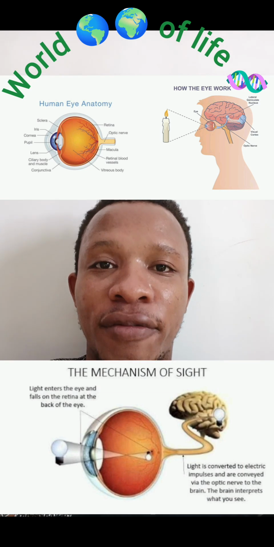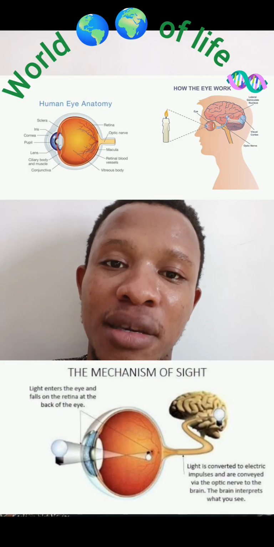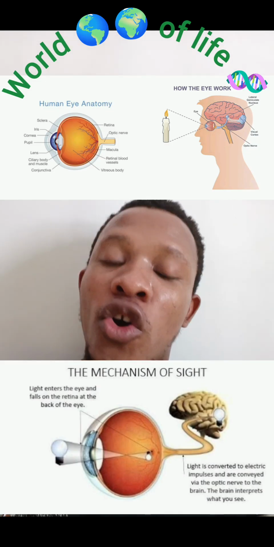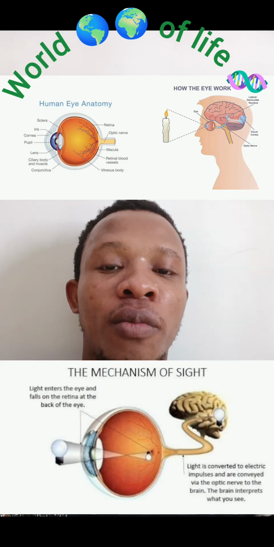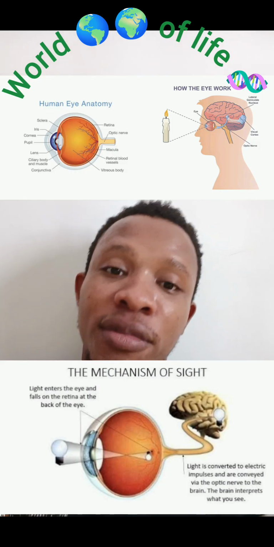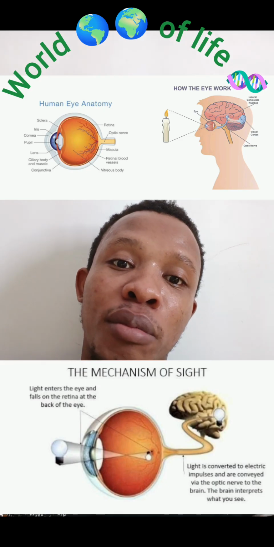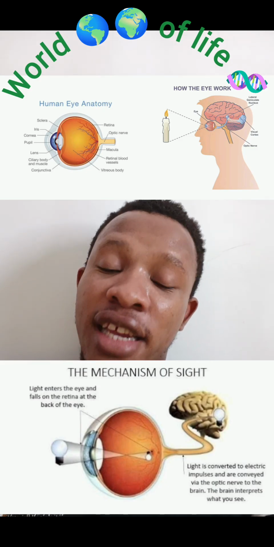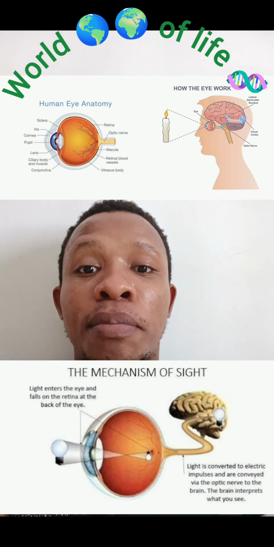Now it is left for your brain to determine that yes, this image is of a certain size, either small or large. Okay, so after the image is formed in the eye, the image is now pushed to the yellow spot where it becomes clearer. From the yellow spot, it now enters into the blind spot.